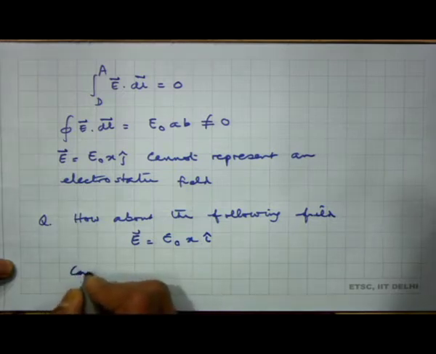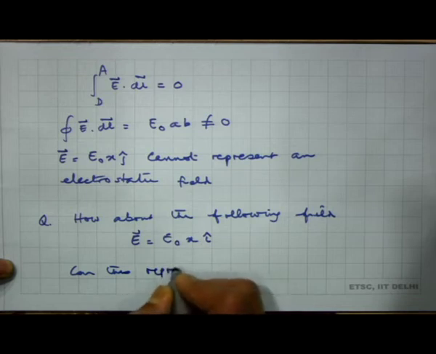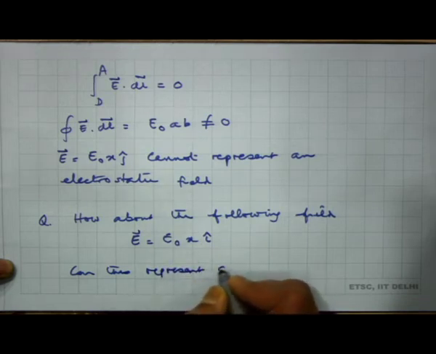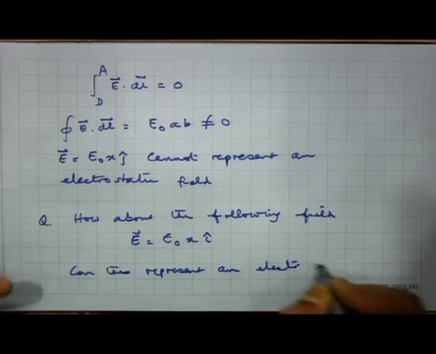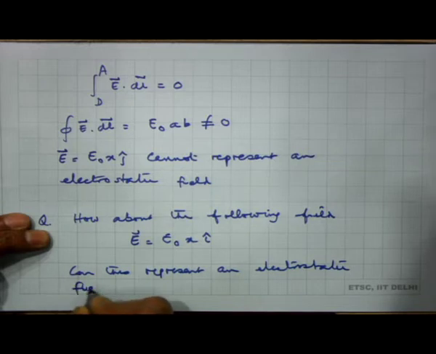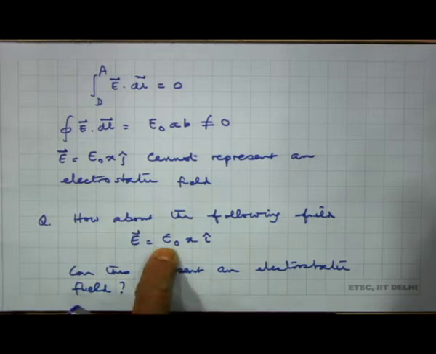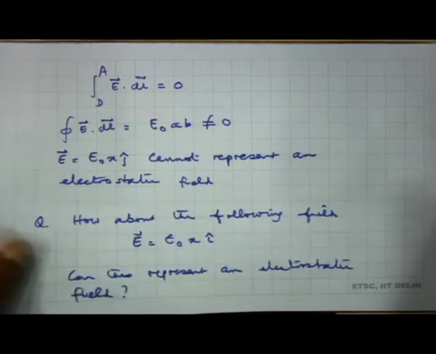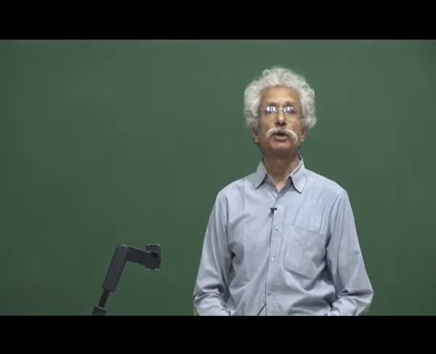Can this represent an electrostatic field? So, please work it out in a similar fashion as we have done and find out whether this particular field can represent an electrostatic field. You follow the same procedure as we have done, and you will be able to find out.